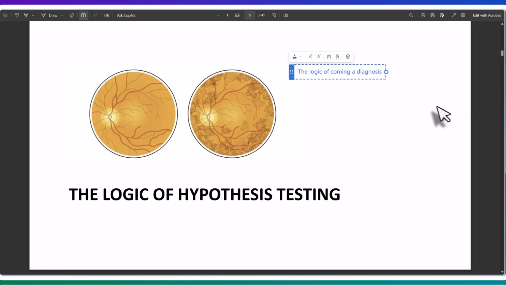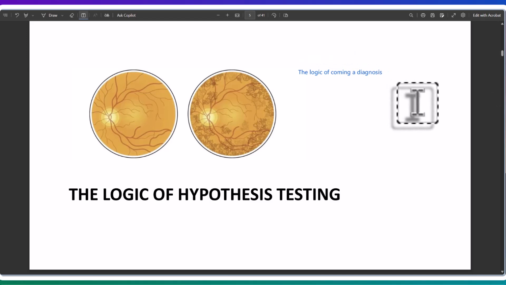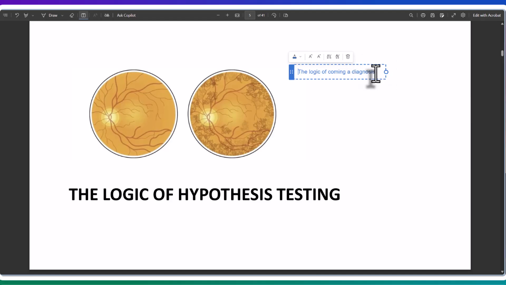So I'm going to use an analogy. Of course, this is only one way to come up with a diagnosis, so I'm going to relate it to the pattern of a differential diagnosis. So what is a differential diagnosis?